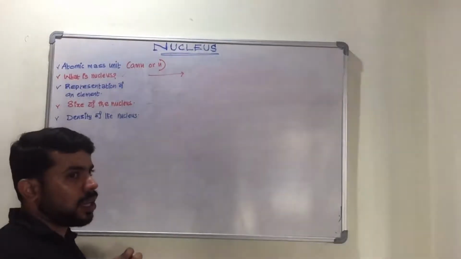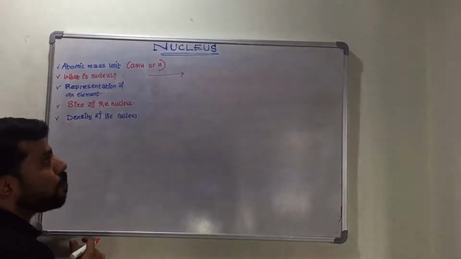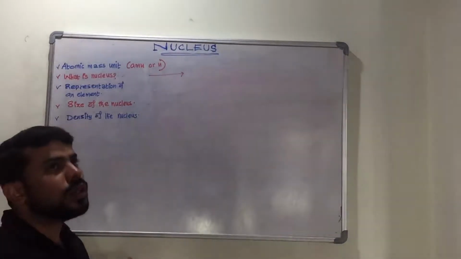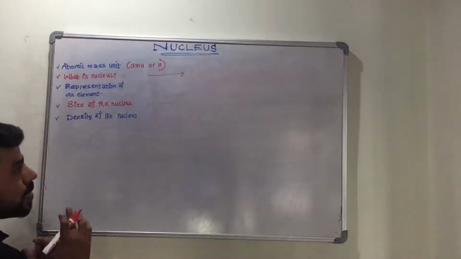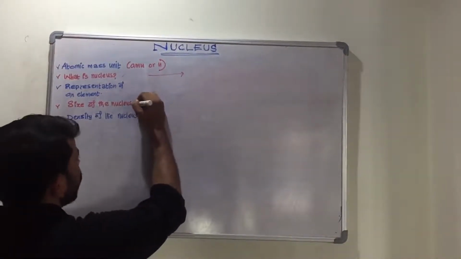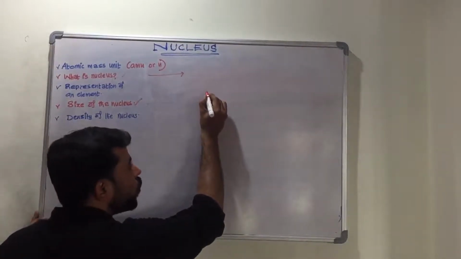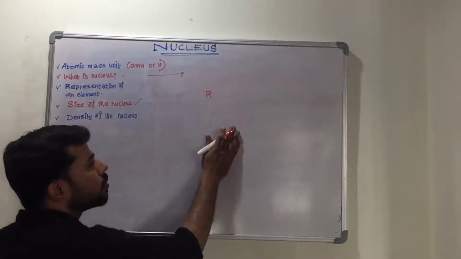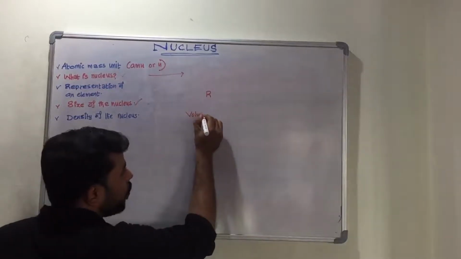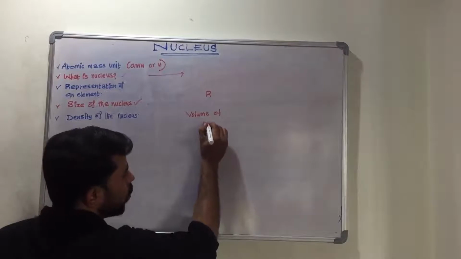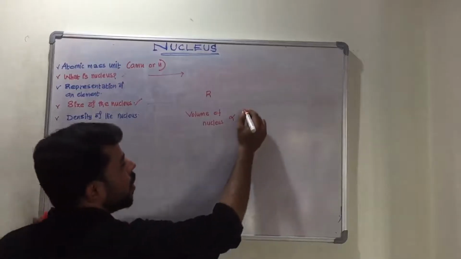Actually, the volume of a nucleus is directly proportional to the number of nucleons inside the nucleus. If the nucleus is considered to be spherical, the radius of the nucleus is taken as R. Then the volume of the nucleus is proportional to the mass number.